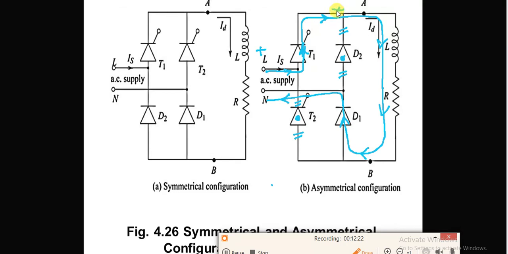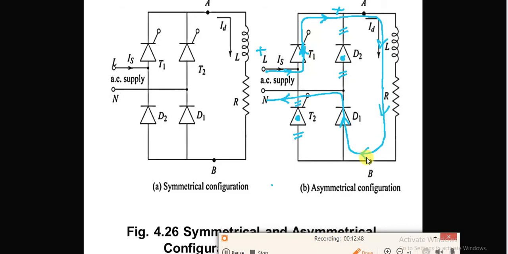Now this diode is reverse biased. So the current will flow from L to T1, then the inductive load R and L, then again the diode D1 is forward biased, so the current will flow through diode D1 and from this point it will flow to the neutral.